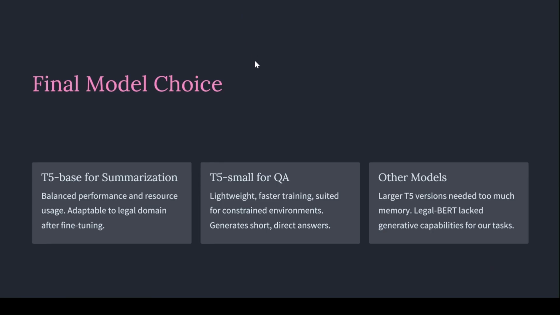Final model choice: we used T5 base for summarization and question answer for a balance of quality and fast, lightweight performance. We didn't choose the larger T5 model because it is too memory intensive for Colab, and for legal BERT because it lacks the generative output capabilities required for question answer and summarization.